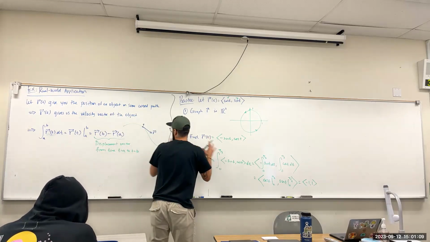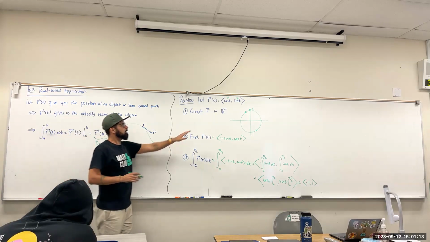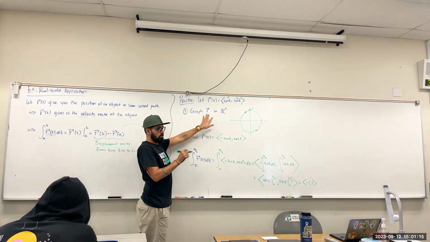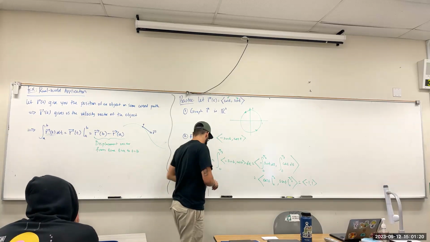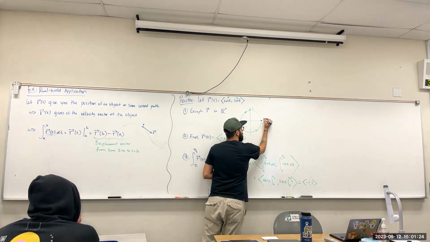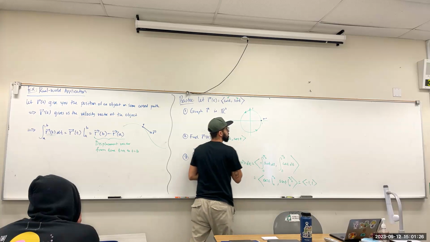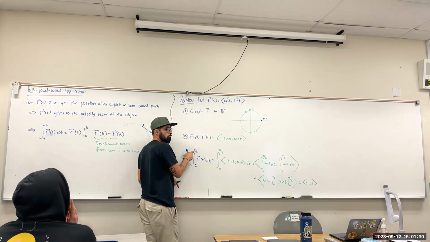Just so we can tie it back to this. Okay? Let's pretend r is the position of an object. Where is it at time 0? It's right here, right? Time 0. Where is it at time pi over 2?